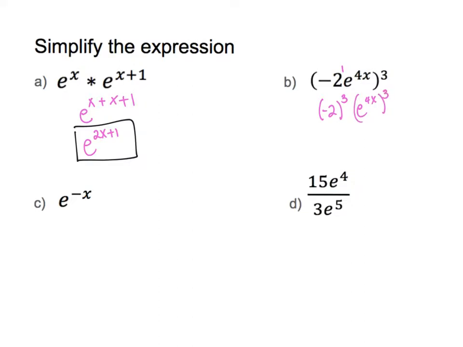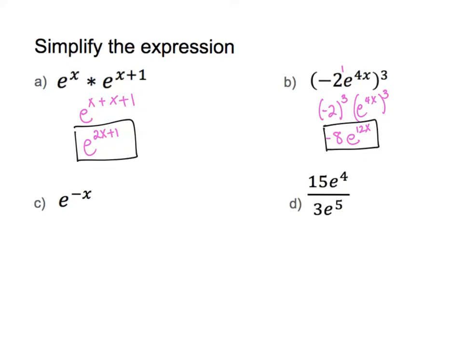So if I distribute the exponent, negative 2 to the 3rd power is negative 8, right? Because negative 2 times negative 2 gives me positive 4. Positive 4 times negative 2 gives me negative 8. And then this 3 that's outside is going to be multiplied to the 4x. So 4x times 3 gives me 12x. So this is e to the 12x, and I'm going to box that in. So there we have it. We have distributed our exponent, and we can't really simplify any further anyways.